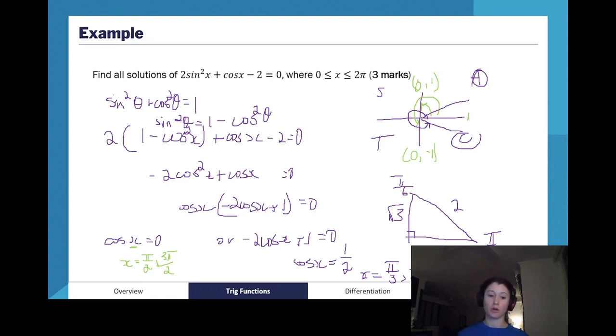When we got that cos x equals 0, we used our axes to determine at what angles those would be. Then when we got the cos equal to half, we used our special triangle to find out those values, including the use of any symmetry properties, because we knew that cos could also have a positive value of a half in the fourth quadrant as well as in the first quadrant.